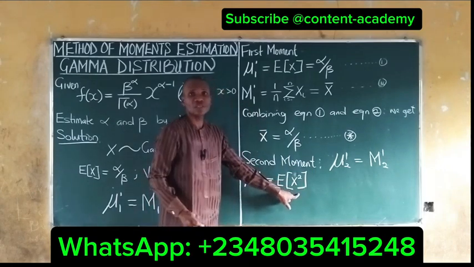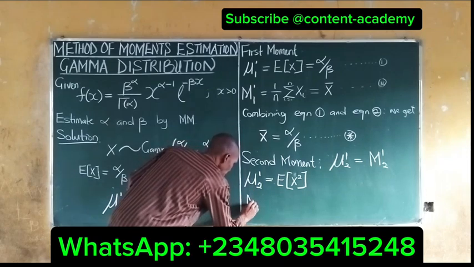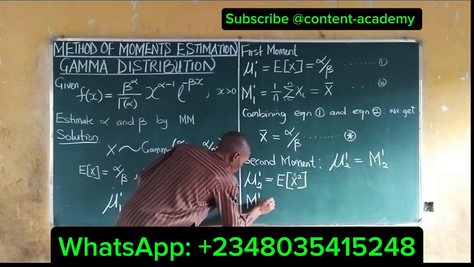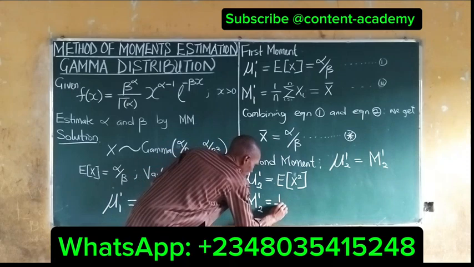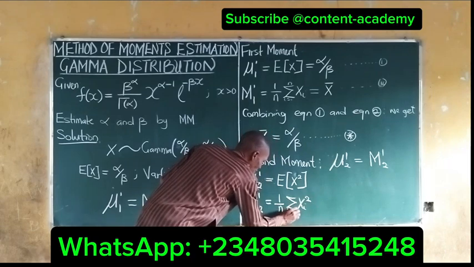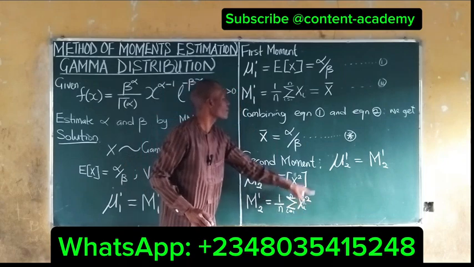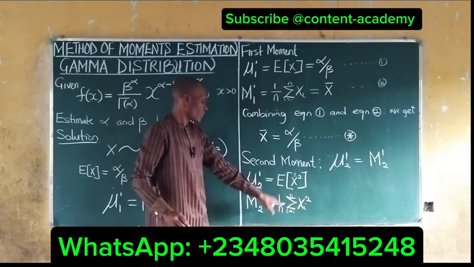Of course, we don't know this, but we'll have to solve it out. Now, the sample moment for the second moment is 1 all over n summation of xi squared as i running from 1 to n. So here there is a square, while in the first moment there is none.